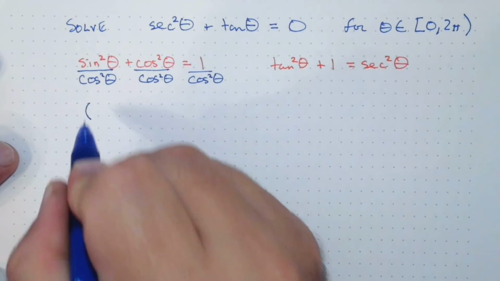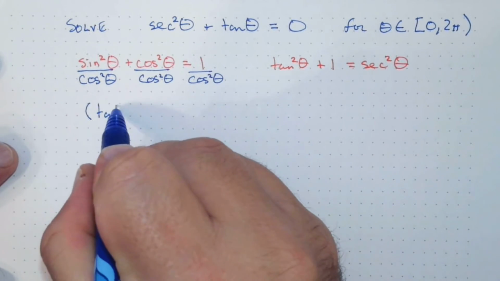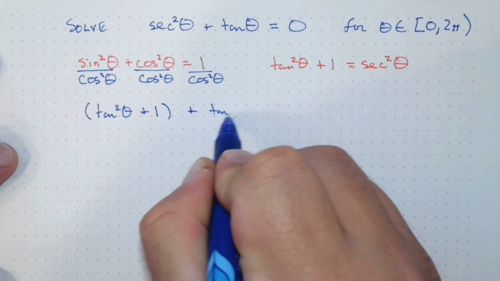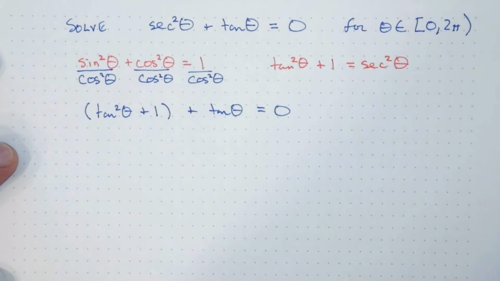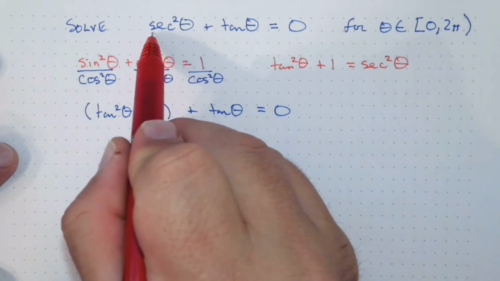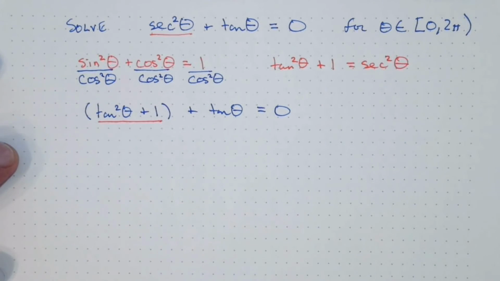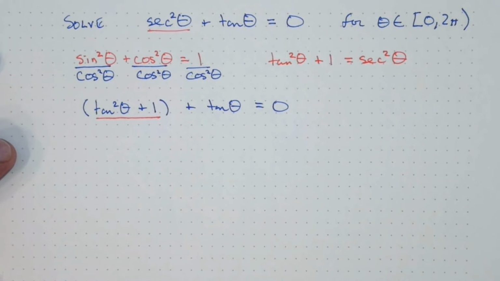So making that substitution, I have tangent squared of theta plus 1 plus the tangent of theta equals 0. Once again, all I did was replace that secant squared with tangent squared of theta plus 1 because of my Pythagorean identity.